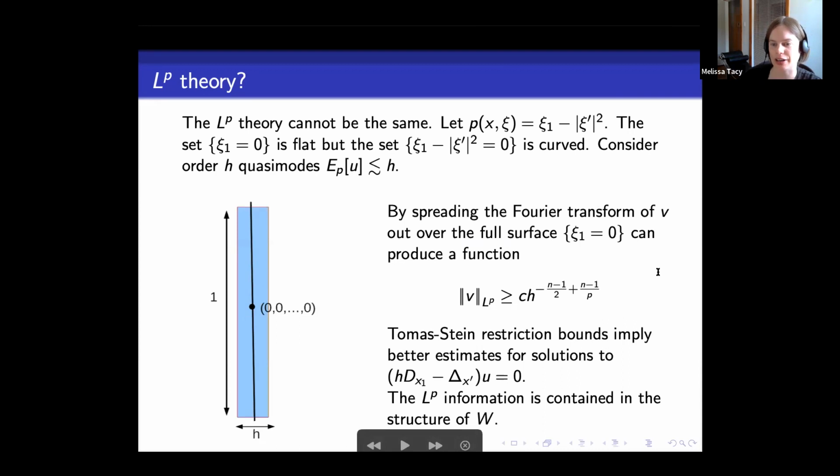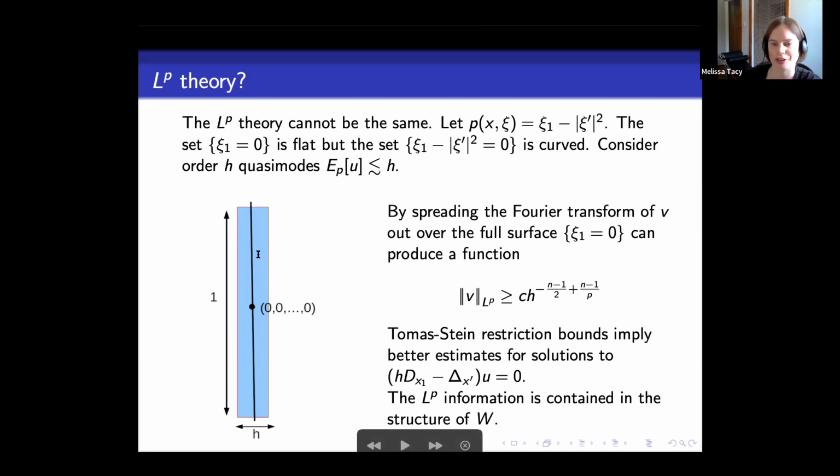So I can look at the LP norms for this, and to get the maximal LP growth, what I do is I try and spread out my Fourier transform as much as possible. Now this comes from an uncertainty principle idea that if I want to concentrate the function, I should spread out its Fourier transform. So I want to concentrate this as much as possible, close to one point.